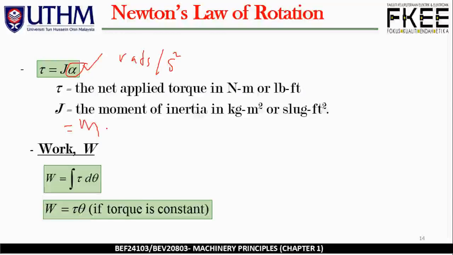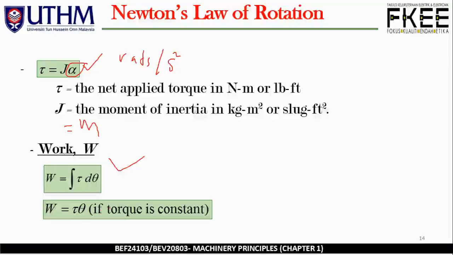So this torque is applied to an object, resulting in angular acceleration. Then the work here is defined by the integration of torque d theta. If torque is constant, then we have a straightforward relationship between work, torque, and theta.